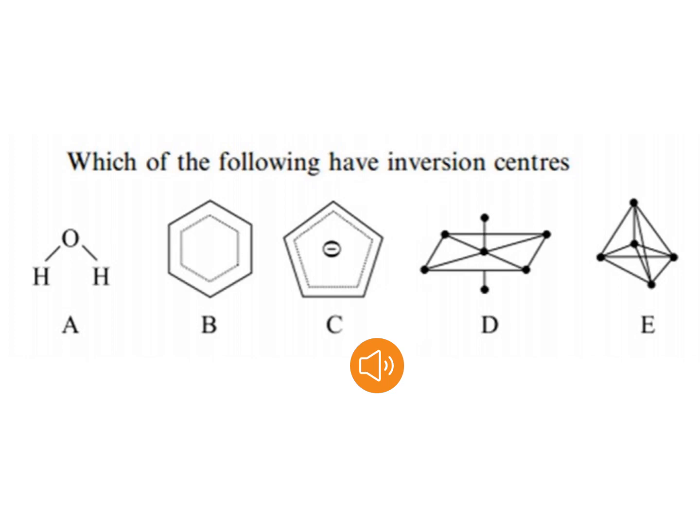In cyclopentane, we did not find any atom at the opposite, equidistant position, so cyclopentane does not have an inversion center. In molecule D, we found the same thing as in benzene, so D has a center of inversion. The last molecule has a tetrahedral geometry, and in tetrahedral geometry there is no center of inversion.